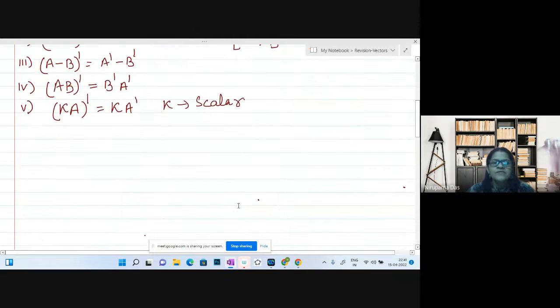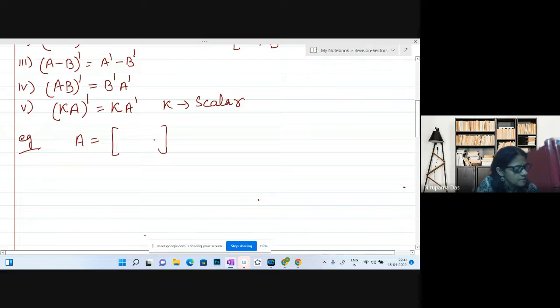Okay, so let us verify some of them. Suppose, let me take an example and verify. Let me take some questions from NCERT. I'm taking question number 3 of exercise 3.3 of the NCERT textbook. You have A transpose as the matrix 3, 4, -1, 2, 0, 1.